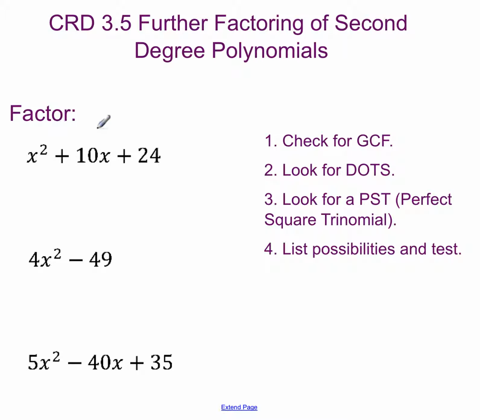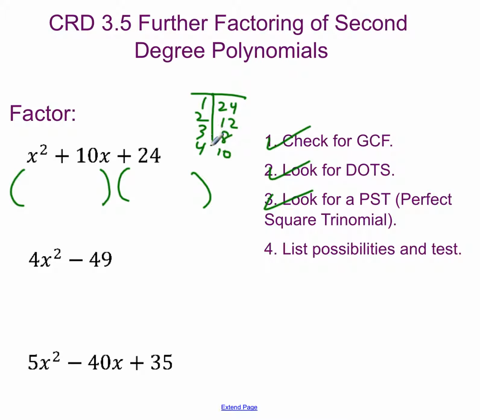Notice the directions say factor. I can't solve it. All I can do with this is to factor it into two binomials. Is there a GCF? No, so I can check that off. Is this a DOTS? No, because it's not a difference and it's not two squares. It's not a PST, and I am going to basically think about all the factors of 24: 1 and 24, 2 and 12, 3 and 8, 4 and 10, and I'm going to think about which ones of those are going to add and give me 10x.